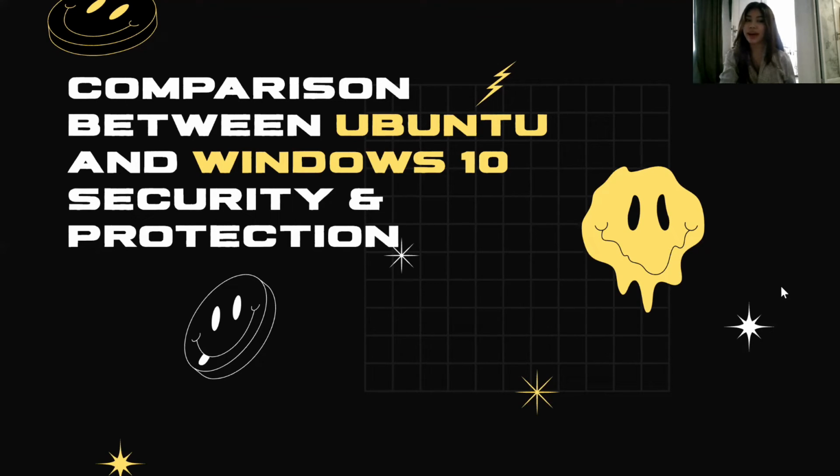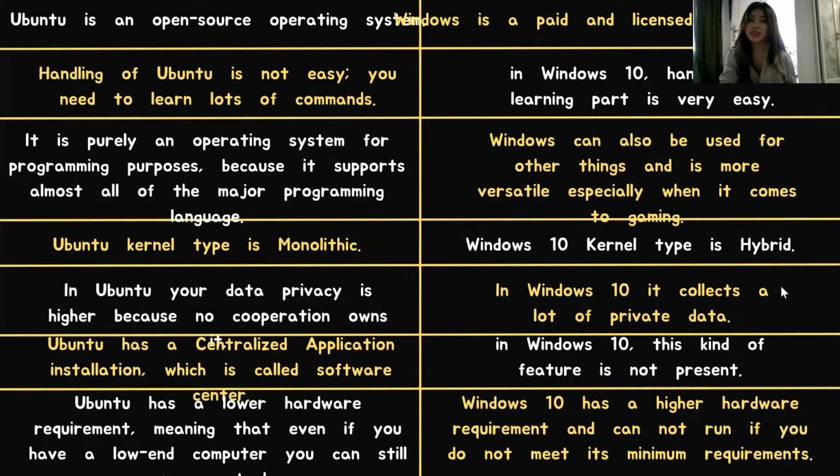Ubuntu is purely an operating system for programming purposes because it supports almost all of the major programming languages. Windows can also be used for other things and is more versatile, especially when it comes to gaming. Ubuntu's kernel type is monolithic. Meanwhile, the Windows 10 kernel type is hybrid.